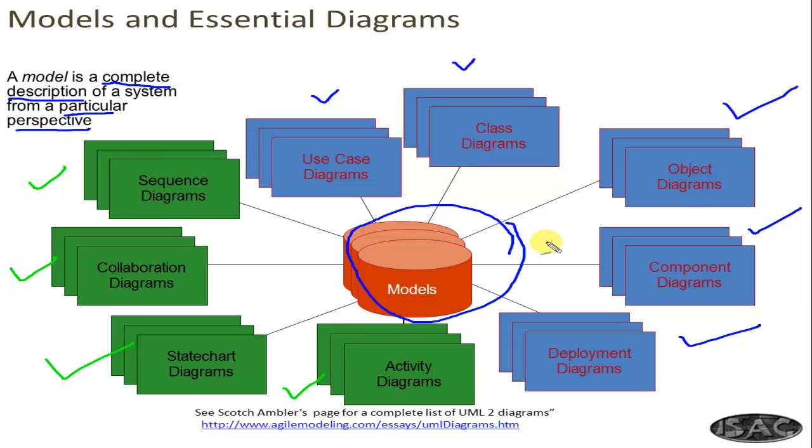These capture the dynamic behavior of a system, these capture the static behavior of a system. So using all of this will create the model of a system. Now what are each of these diagrams, how do we create them, what are examples of each one of them? We'll just have a look and we'll see how it goes.